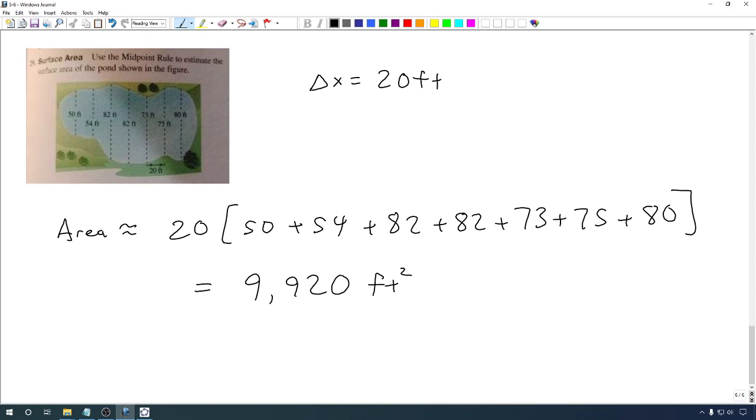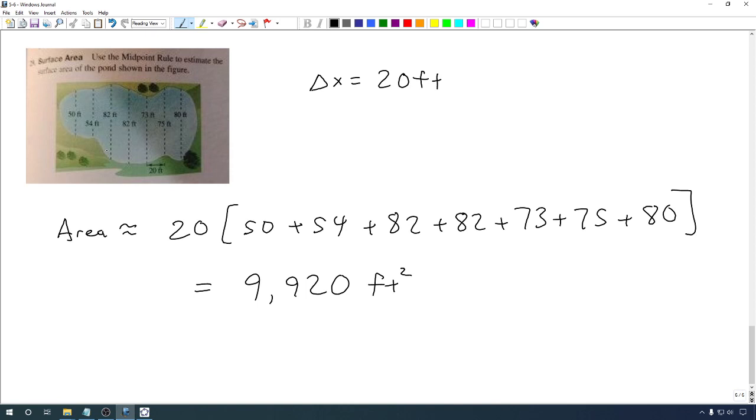So hopefully you got an idea now of how we actually can find integrals that we don't know how to do, that we don't know how to find an antiderivative for, and even situations where, like in this one, there is no function involved. Our function technically we could say is the curve here, but we don't know a formula for it.